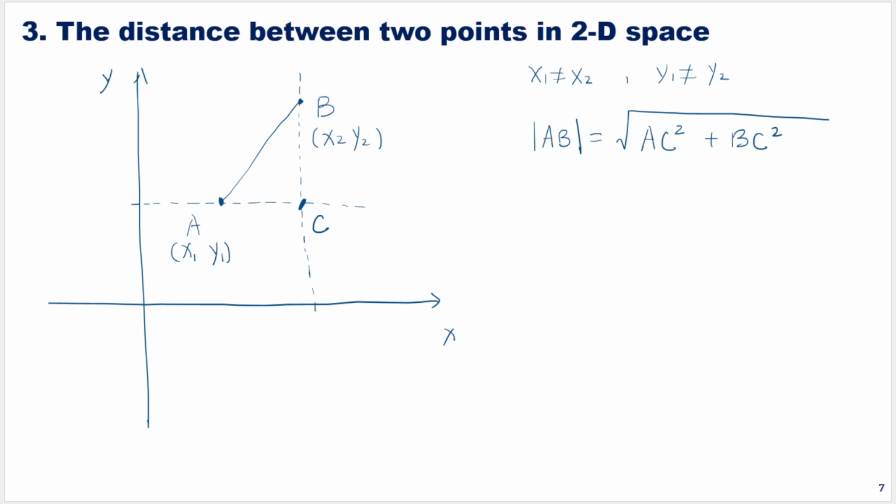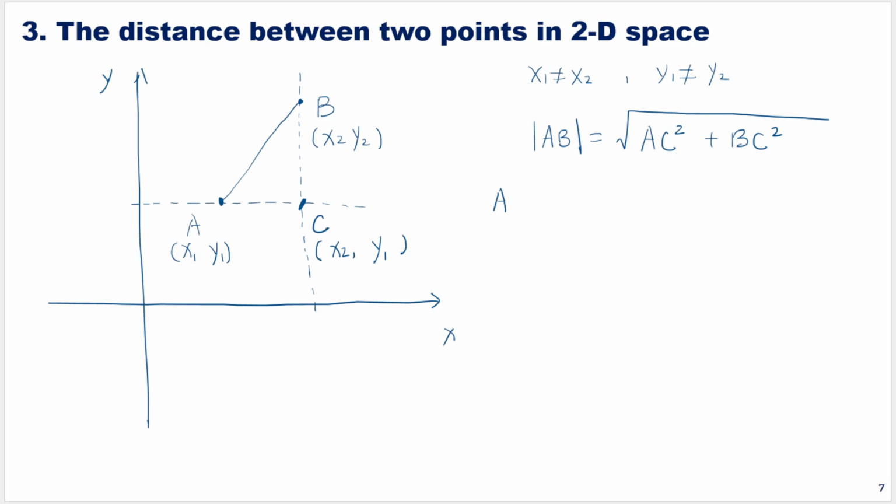So how do we calculate the distance between A and C? This is actually a one-dimensional case, right? Because line AC is parallel to the x-axis. And we can also easily know that the x-coordinate of C equals the x-coordinate of B, which is x2. The y-coordinate of C equals the y-coordinate of A, which is y1, right?